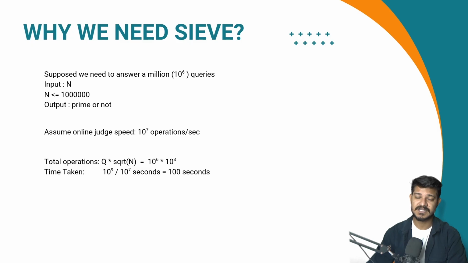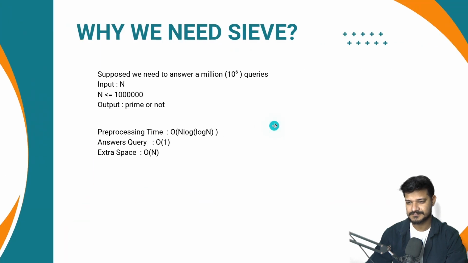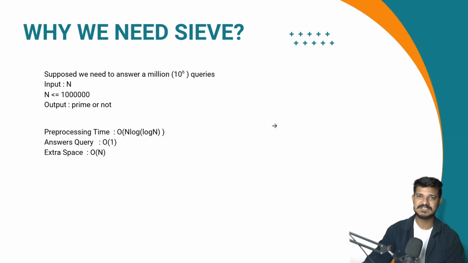Usually the time limit is 1 or 2 seconds, so clearly this solution will fail. The algorithm that we know for primality test, that runs in square root of n time, will not pass this. So now let's see, how does Sieve help?